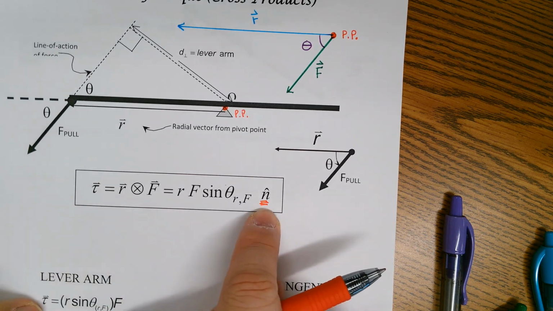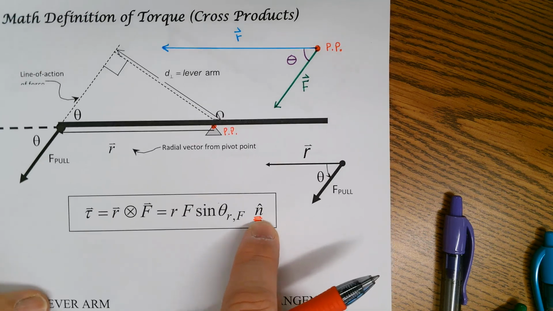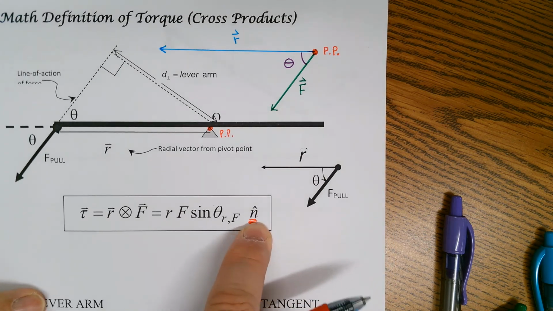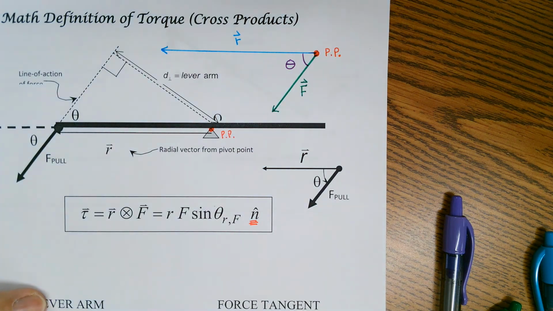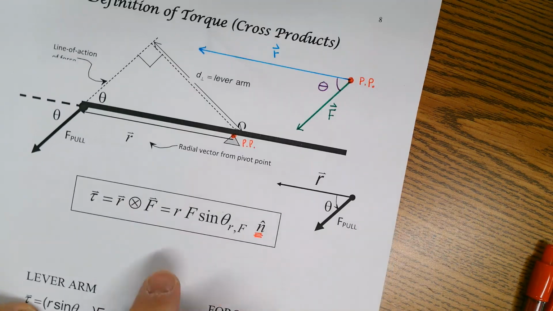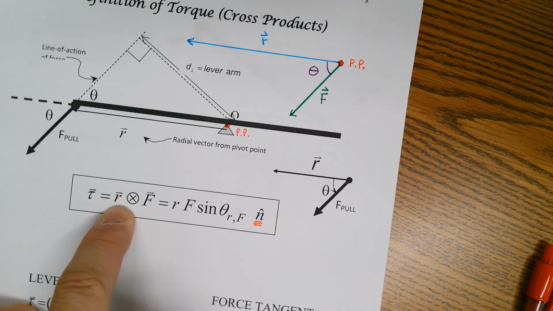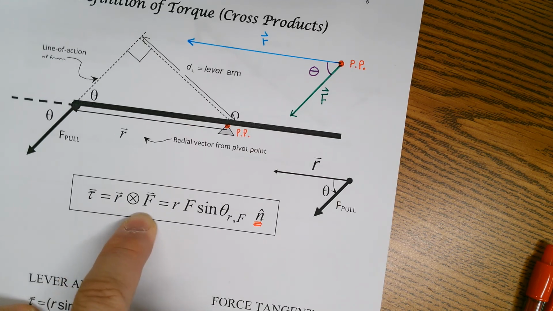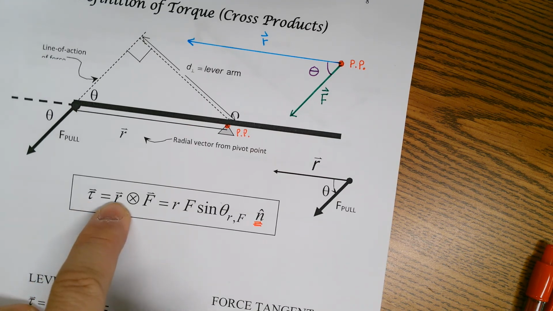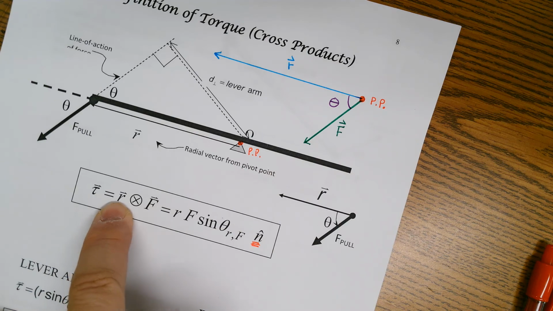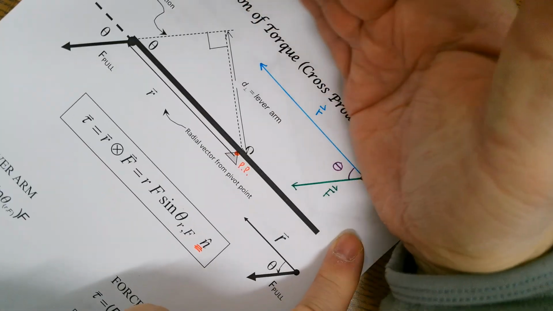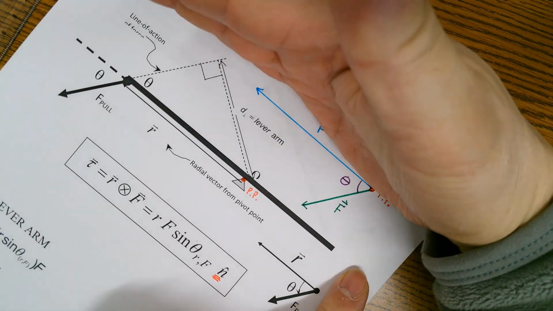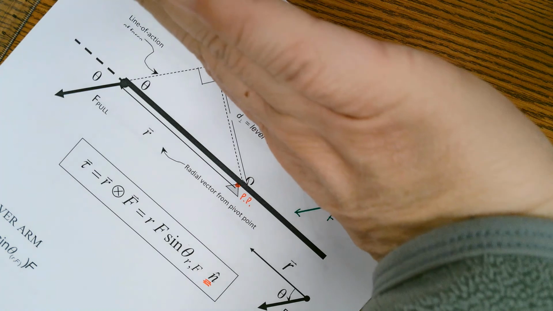But the direction of this n hat has to be worked out using the right-hand rule. So to find the direction of my R cross F, or the torque, you place your fingers along the R where your wrist is going to be at the pivot point. You could only do it either this way or this way, right?